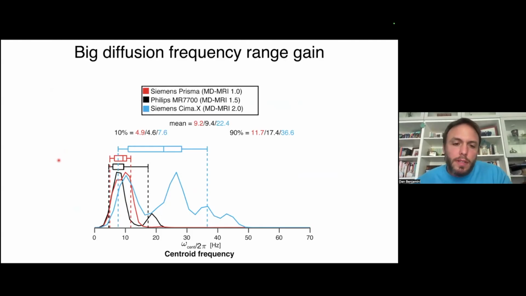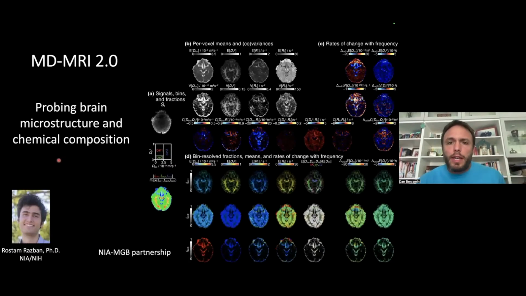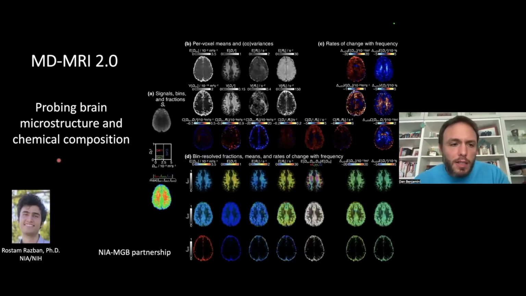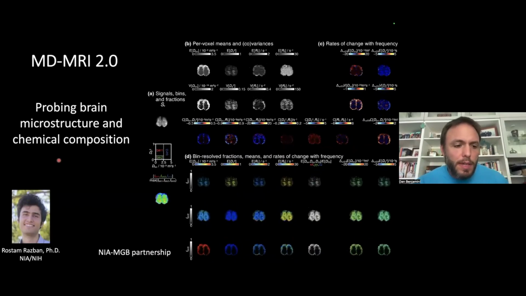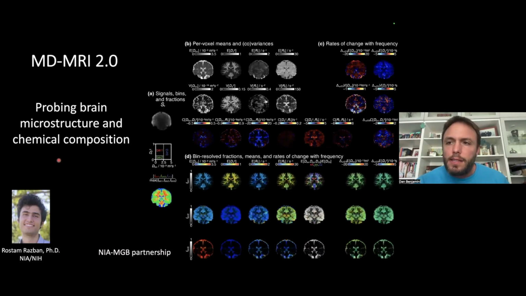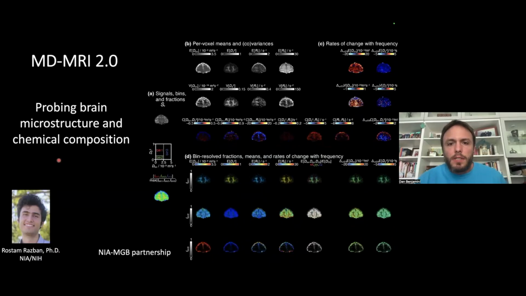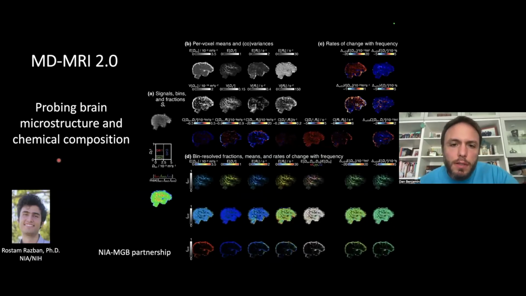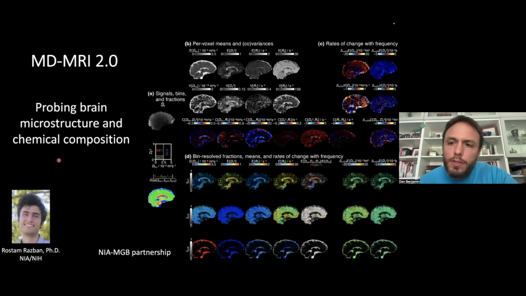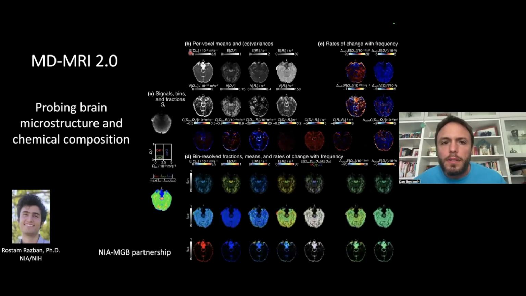So we take these distributions, and of course, we can derive a lot of parameters out of them. So this is a big thanks to Ro from my group that's doing the analysis here. And so, like I mentioned, we have these distributions of diffusion tensors, frequency-dependent diffusion tensors, R1, R2. So here I'm showing you some parameters.